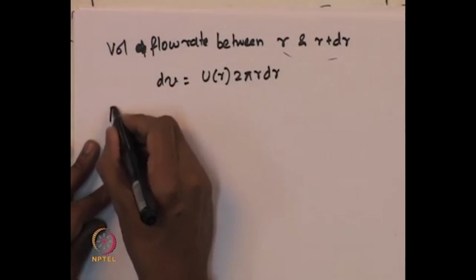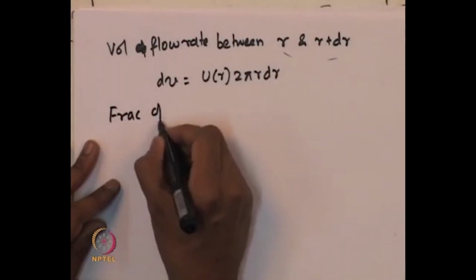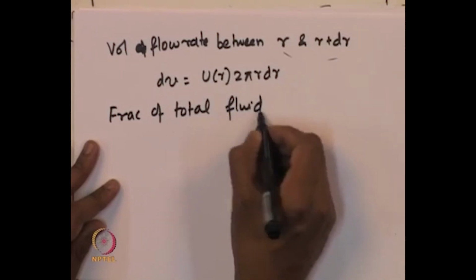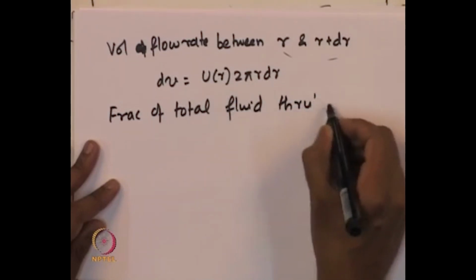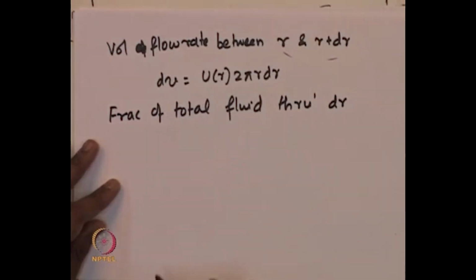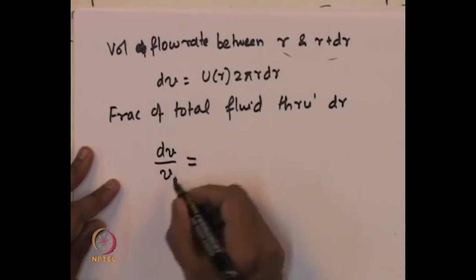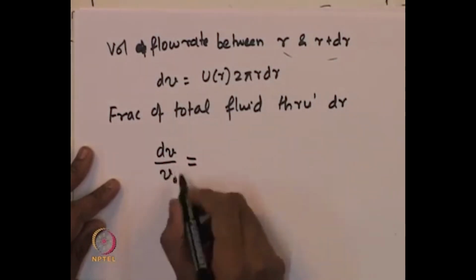Now the fraction of the total fluid that is flowing through this small element dr is given by dV divided by V naught, where V naught is the total volumetric flow rate.